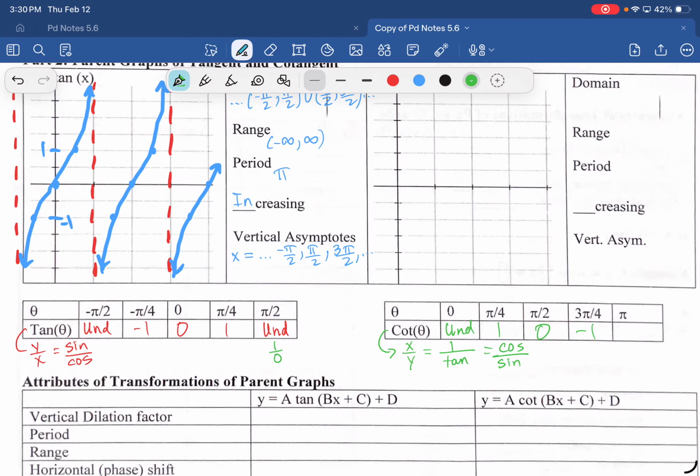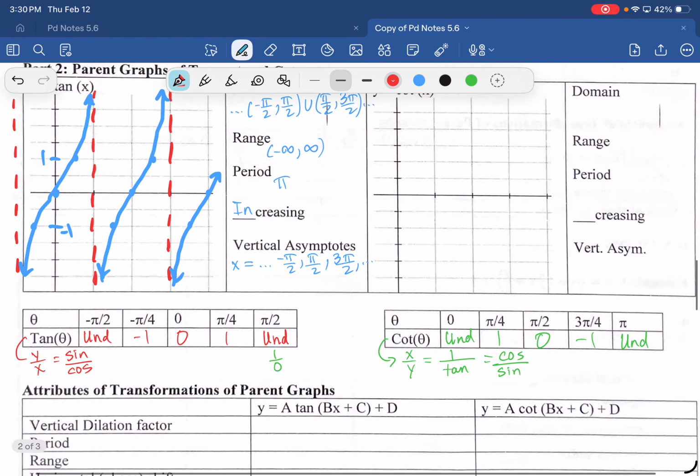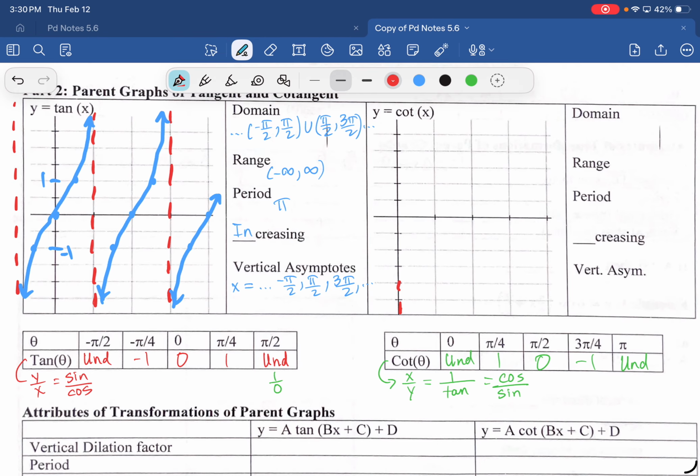Sine, cosine, secant, and cosecant. The vertical dilation is still absolute value of A. I still can only use the word amplitude properly for sine and cosine, everything else vertical dilation. The period is the one that's different. The parent graph of tangent and cotangent is pi.